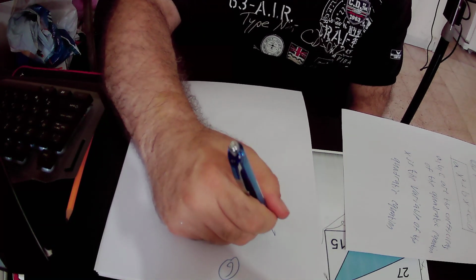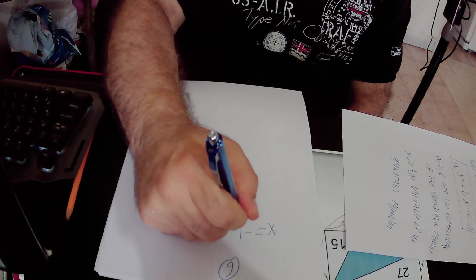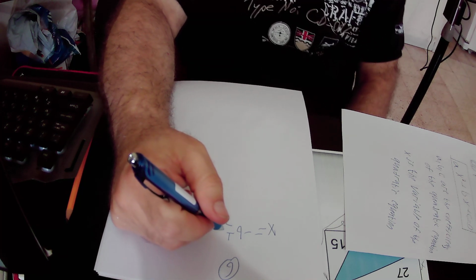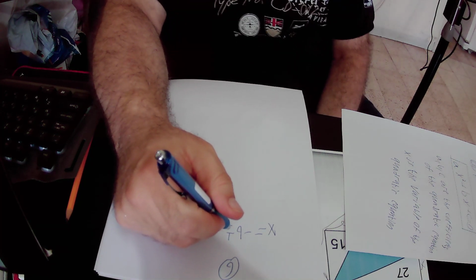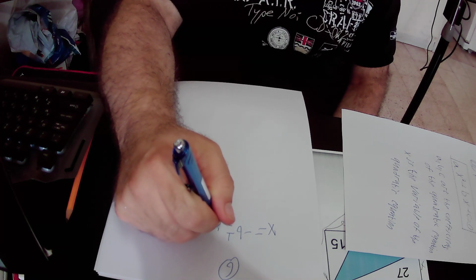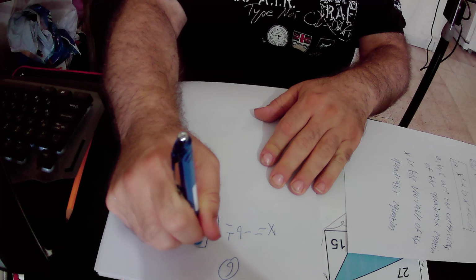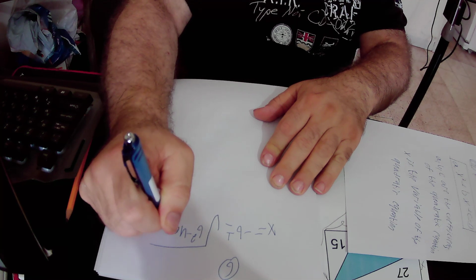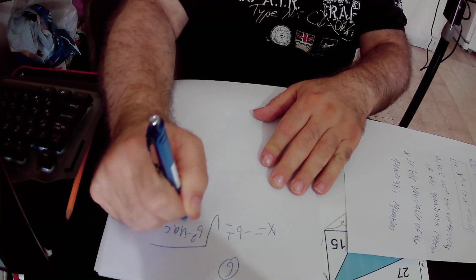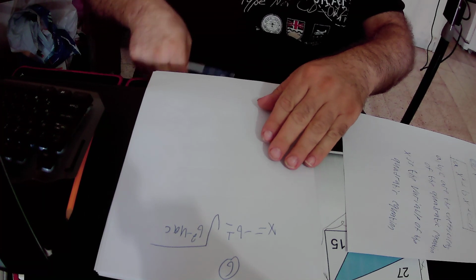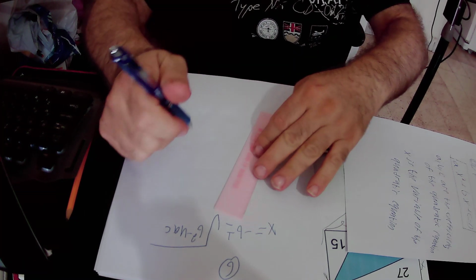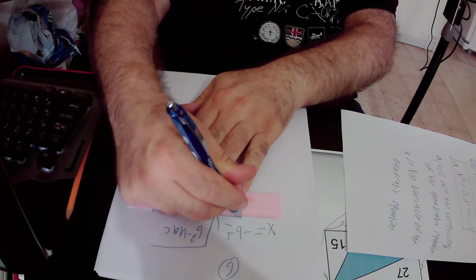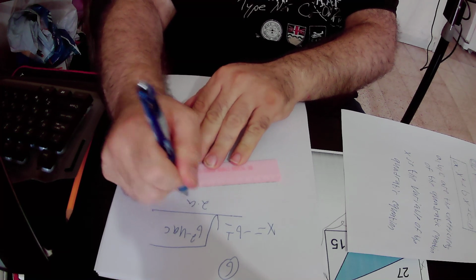Actually, x equals minus b plus minus, so we have two answers for x because we have plus and minus, root of b squared minus 4a times c, all divided by 2a, two times a.